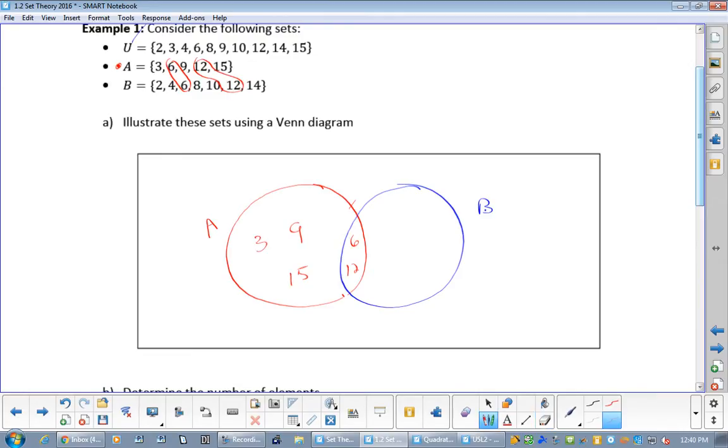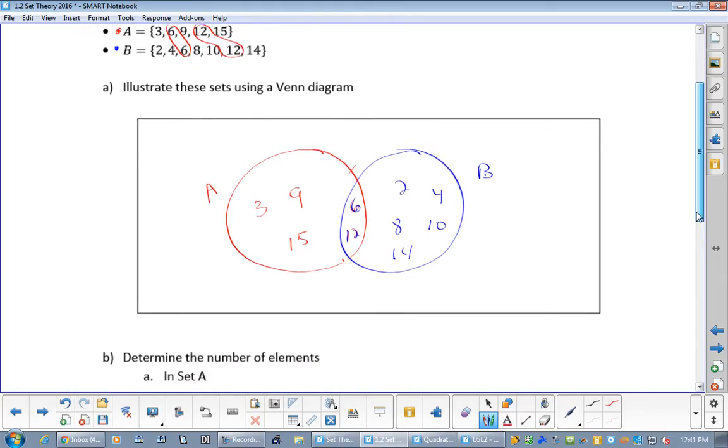That's the set of A. And then B, well, I'm going to put 2, I'm going to put 4. I mean, if you want, you can write 6, 8, 10, 12, and 14. So that is just what your drawing would look like.